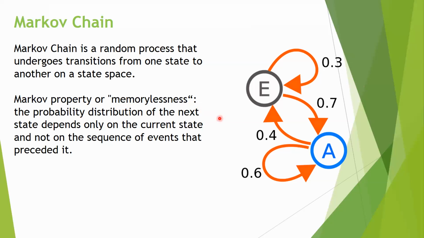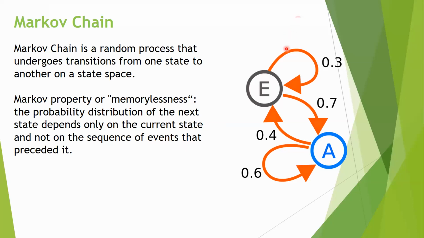It has a very short memory. The current state only depends on the state of the previous time point, and anything that occurred before that is totally forgotten. This is the important feature of the Markov chain model.